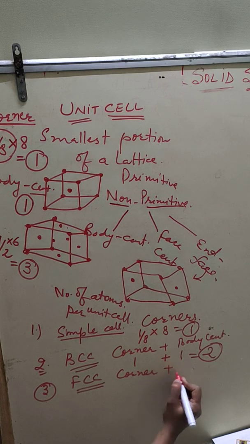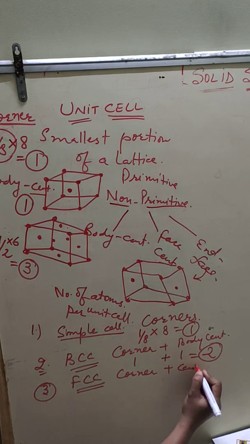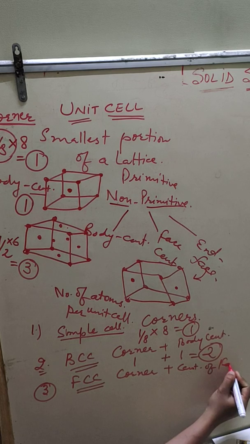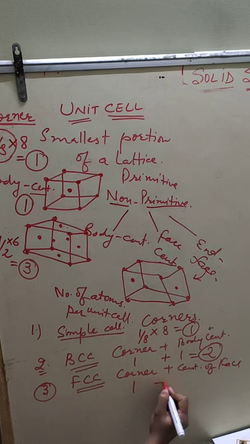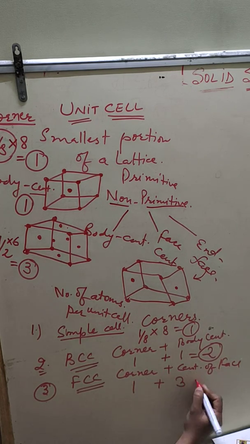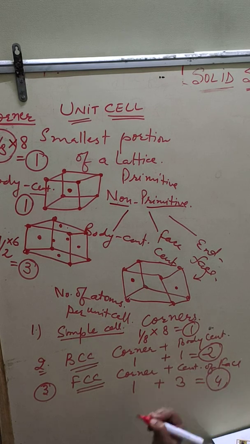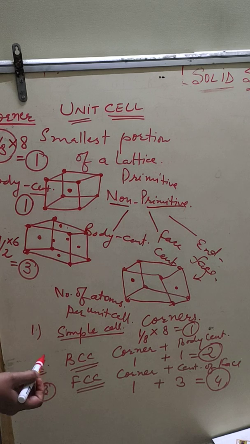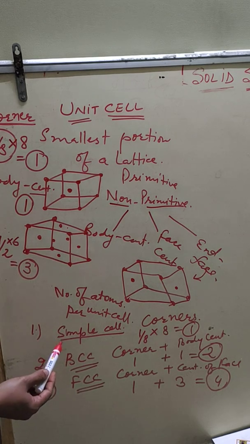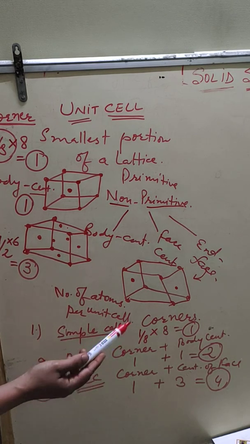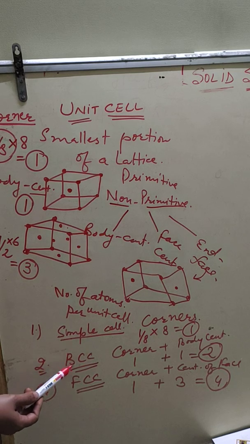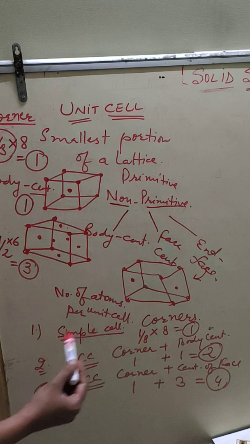कॉर्नर्स प्लस सेंटर ऑफ फेस. कॉर्नर का कंट्रीब्यूशन 1 के बराबर है, सेंटर ऑफ फेसेस का कंट्रीब्यूशन 3 के बराबर है, तो टोटल हो गया 4. दैट मीन्स द नंबर ऑफ एटम्स पर यूनिट सेल इन ए सिंपल यूनिट सेल दैट इज 1, in a body centered unit cell that is 2, and in face centered unit cell that is 4.